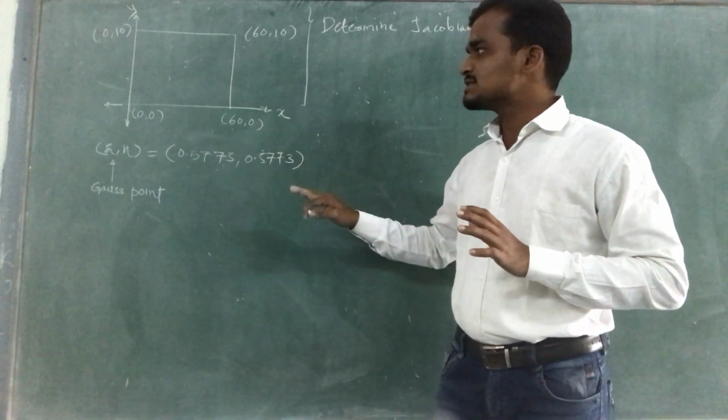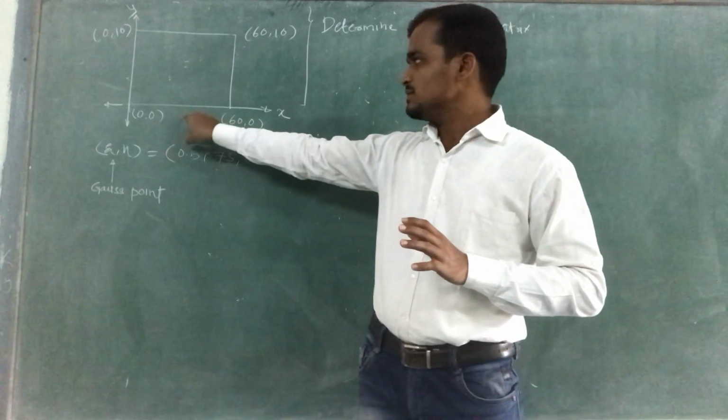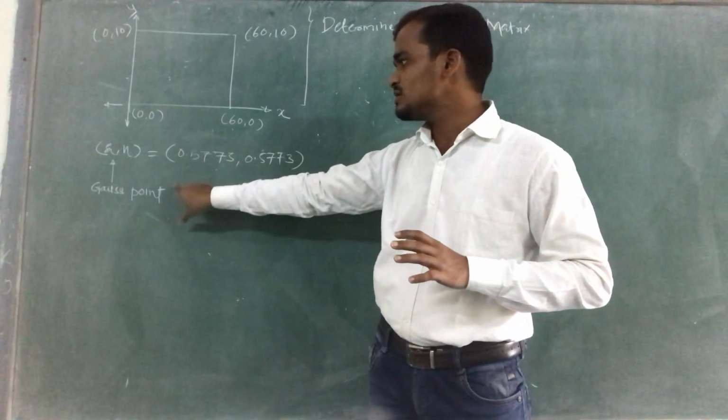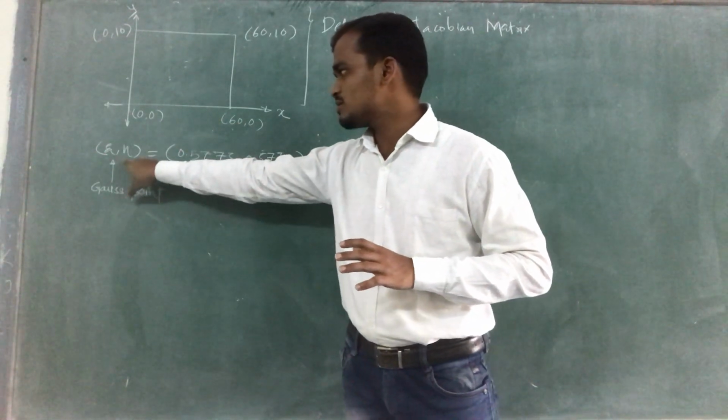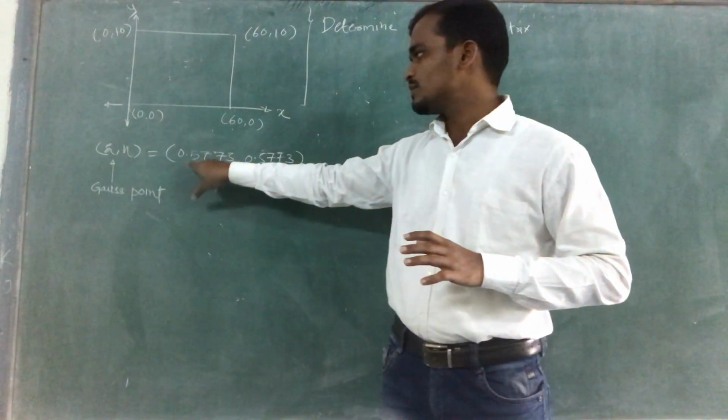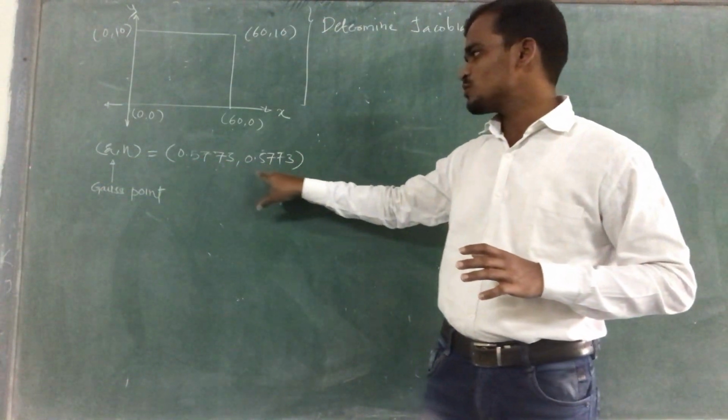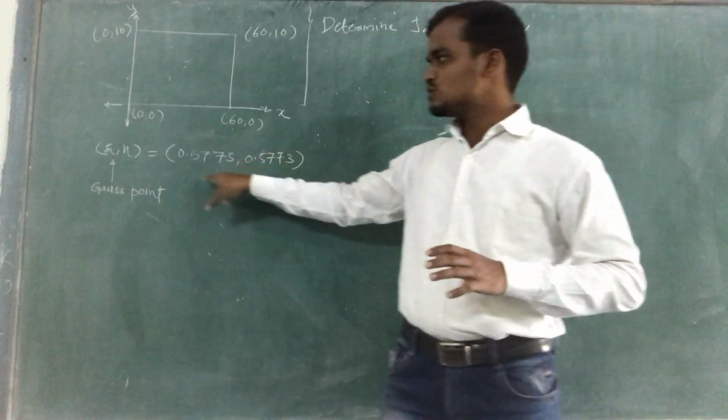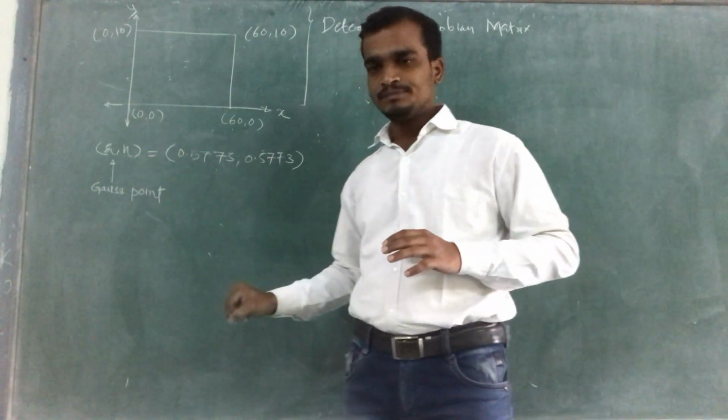In this example, they have given this figure and they have mentioned the Gauss point, meaning the natural coordinates, equal to 0.5773, 0.5773, so the values of zeta and eta are given.